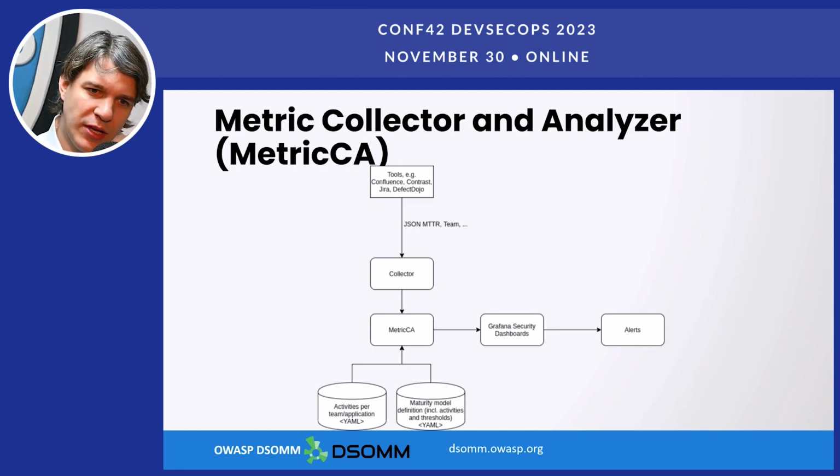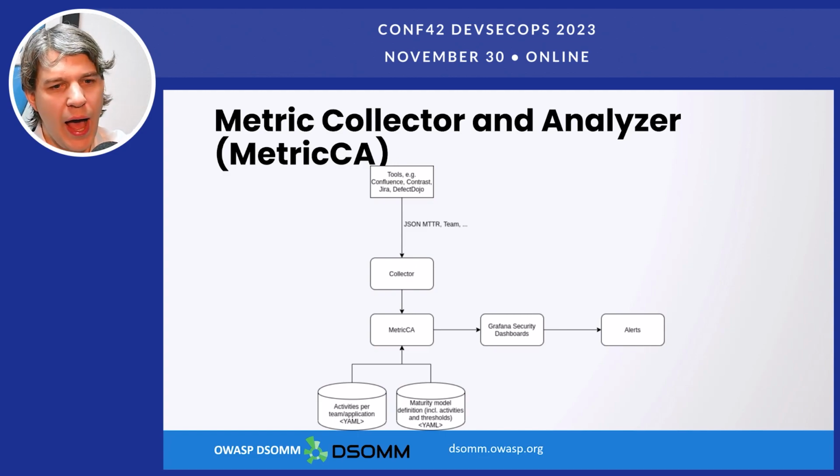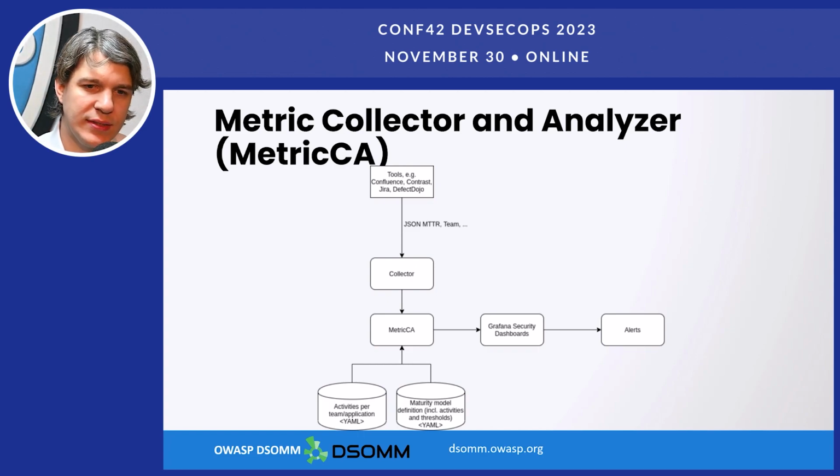And then we fetch that information automatically with the collector, and afterwards both sources, so the collector source and the different YAML files, are getting analyzed by the analyzer, and then we push that information to Grafana security dashboards.